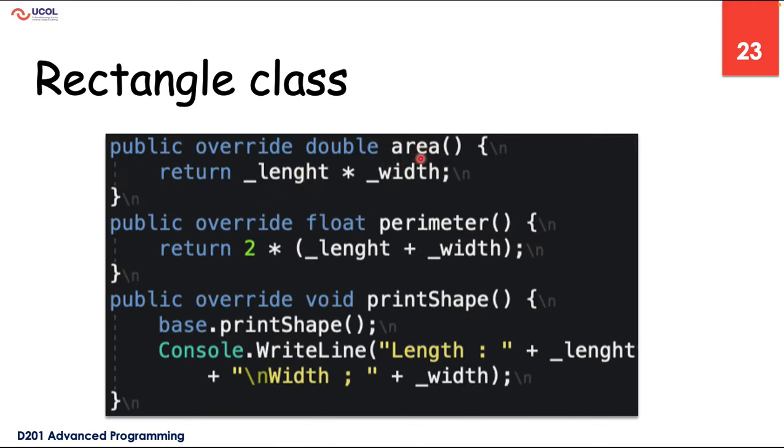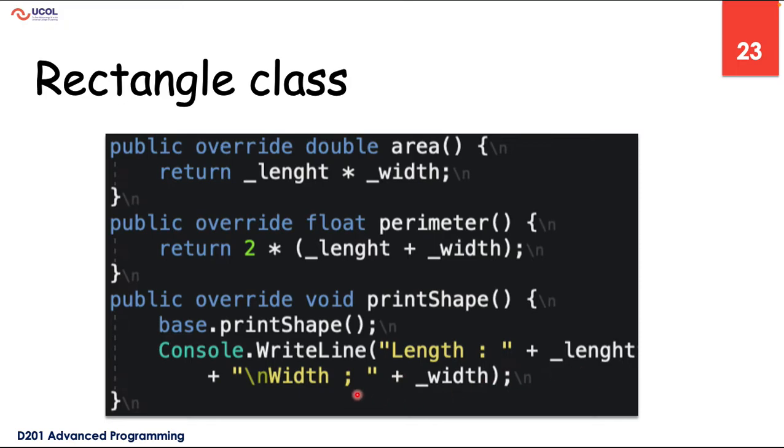Then we also need to implement the area and the perimeter methods, which are abstract in the shape 2D class. And then we can also change the print shape, which is a virtual method in the shape 2D class, and here we are changing that particular specific behavior.